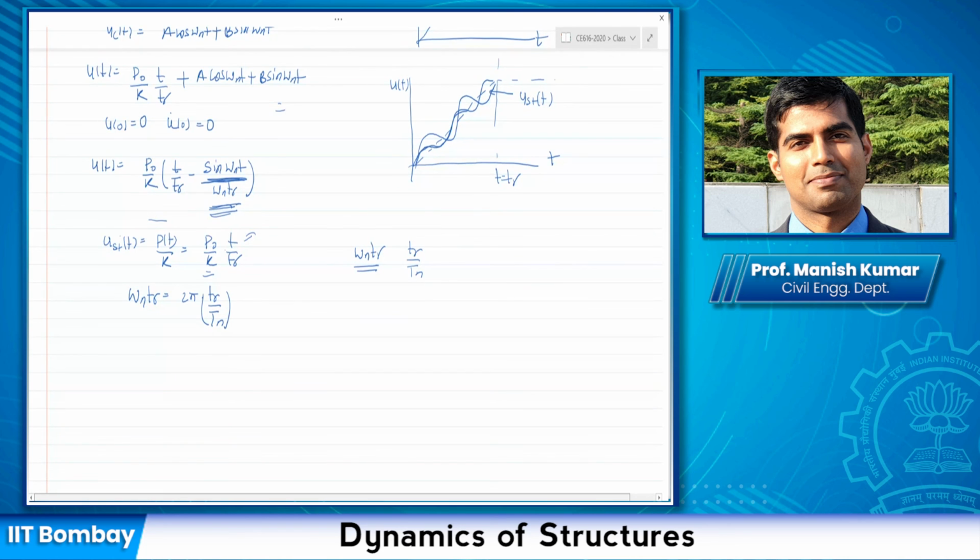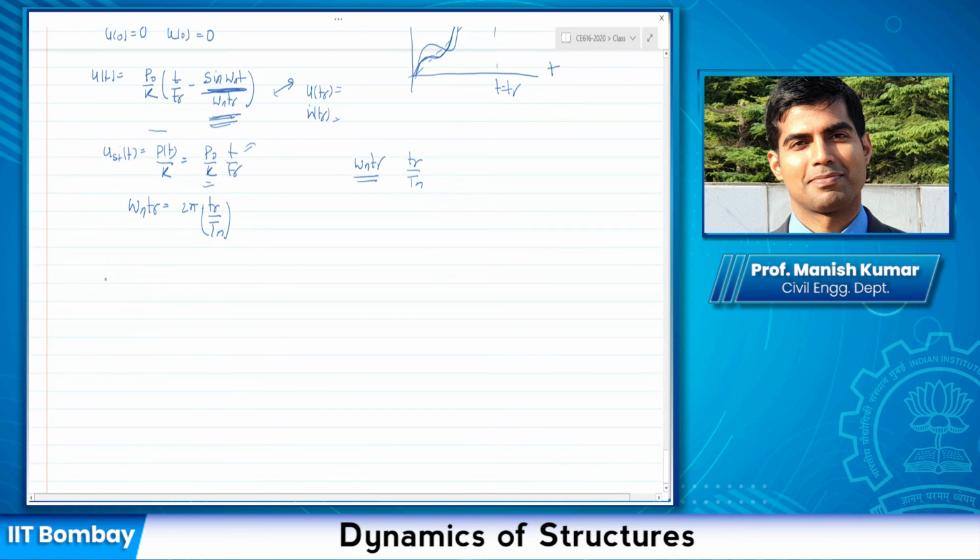We will see in the next class what happens after that. Can I say at this point, whatever response I obtained, the u of tr and u dot of tr, would work like an initial condition for the solution to this expression, which I have already derived in the first one.